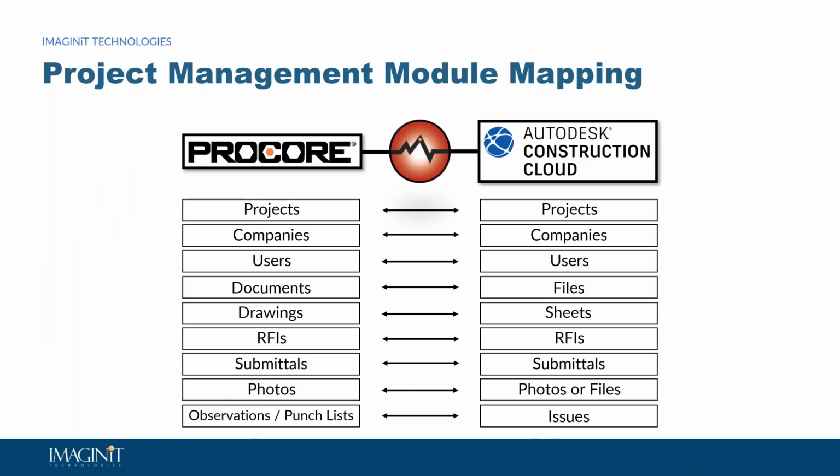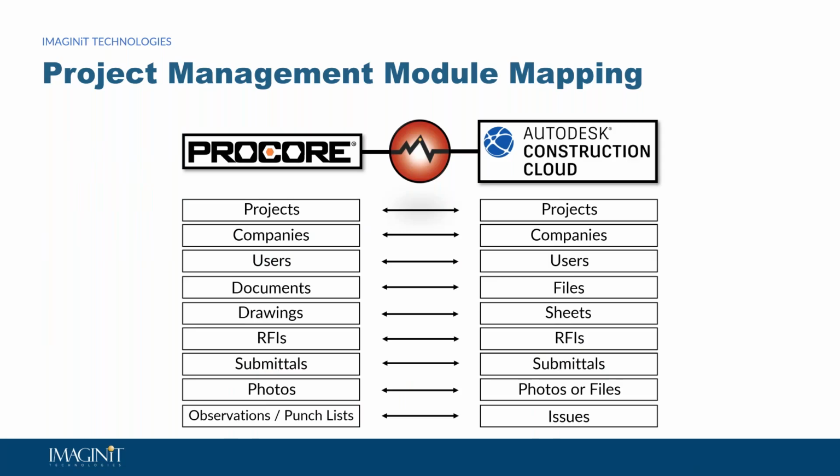So if we want to apply permissions to, say, a photo album, then instead of synchronizing the photos from Procore into the native photo gallery in the Autodesk Construction Cloud, we can synchronize those to a photos folder structure within the ACC environment with subfolders that represent the photo albums in Procore. And then as an admin, you can control the permissions on who can see those albums and who can't.